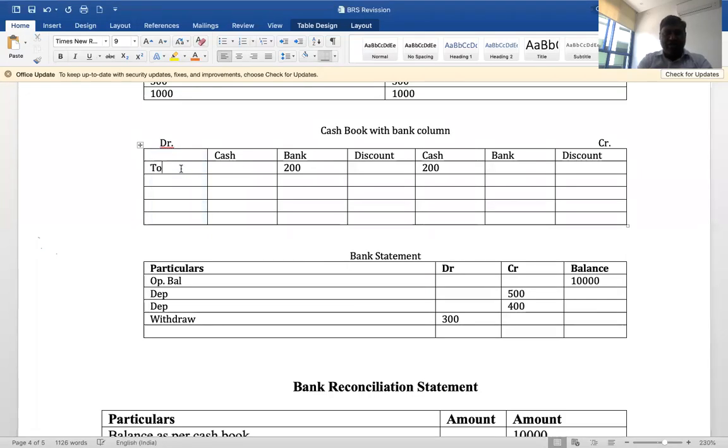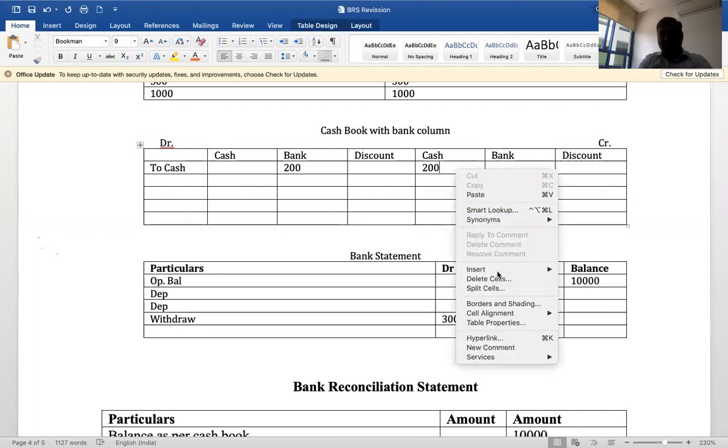You're writing here to cash. Bank account debit to cash. Where are you writing? Bank column. In the bank.